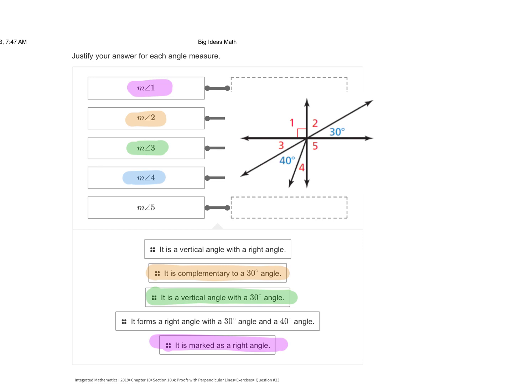Number 4. It forms a right angle with a 30-degree angle and a 40-degree angle, good. And the last one, 5. Good, it should be the last one. A vertical angle with the right angle. 1 and 5 are vertical angles. Questions on this? Okay.